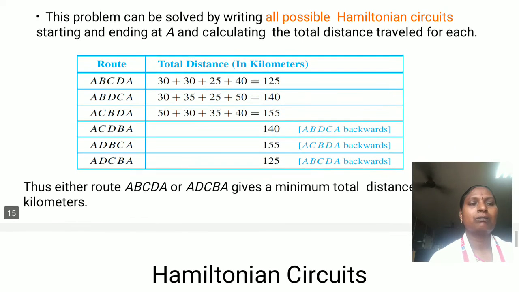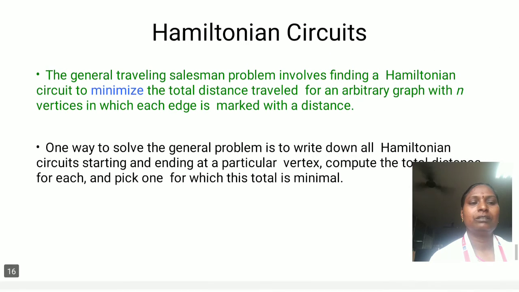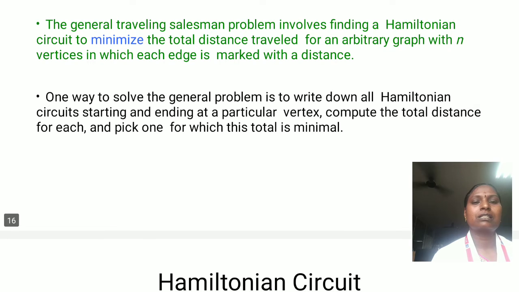Consider all possible Hamiltonian circuits starting and ending at A and calculate the total distance traversed for each. The general traveling salesman problem involves finding a Hamiltonian circuit to minimize the total distance traversed for an arbitrary graph with n vertices in which each edge is marked with a distance.